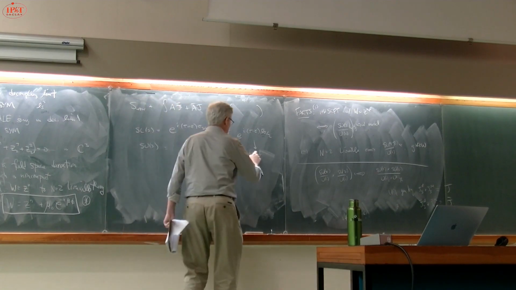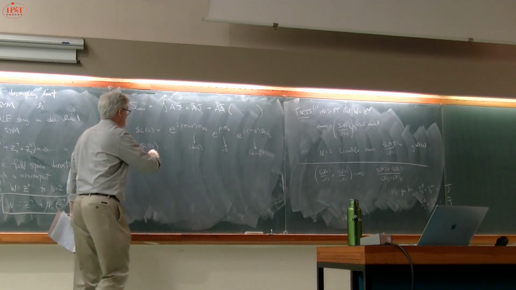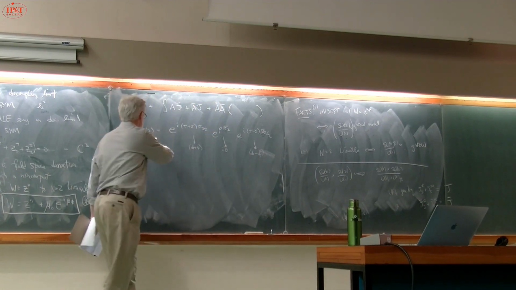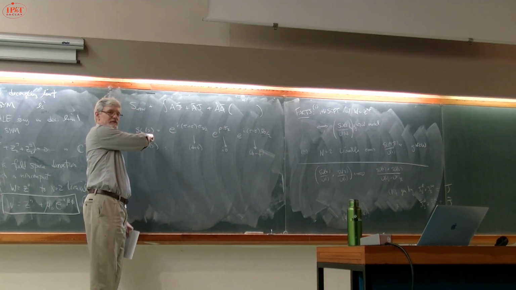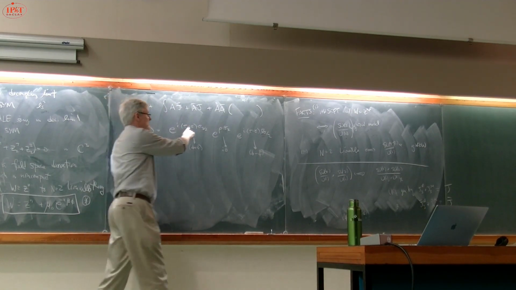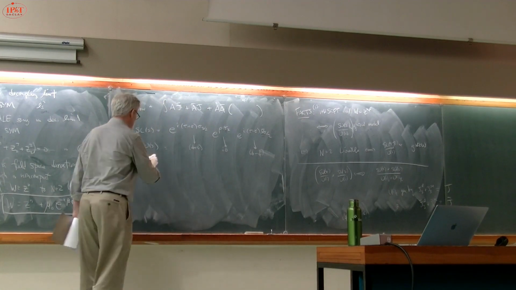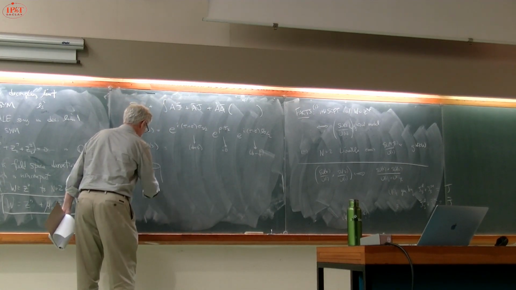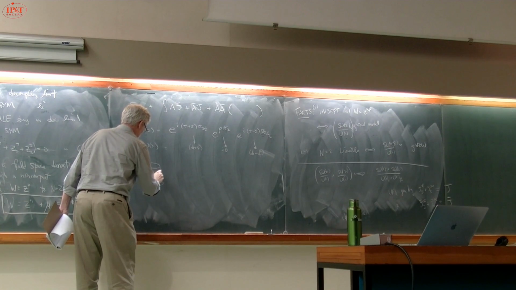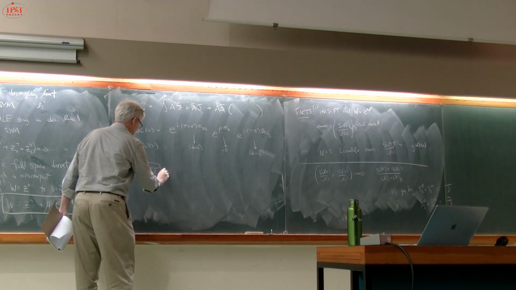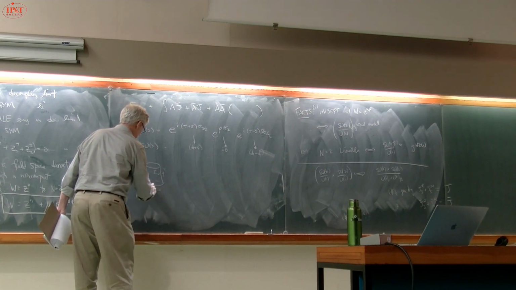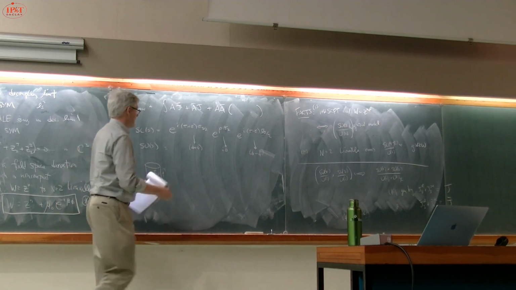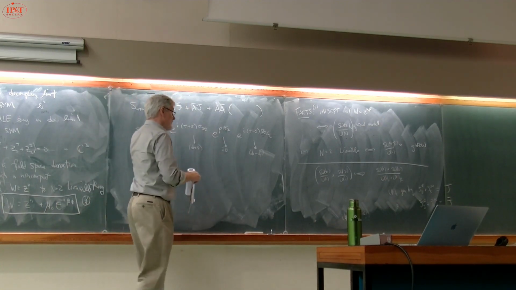Okay. So these are the standard global coordinates, since SL2R is the same thing as AdS3 as a manifold. So rho is the radial coordinate, tau moves you up the boundary, sigma moves you around.